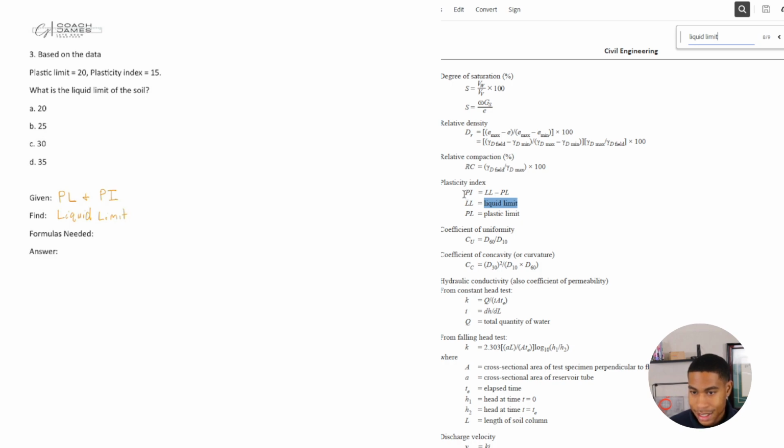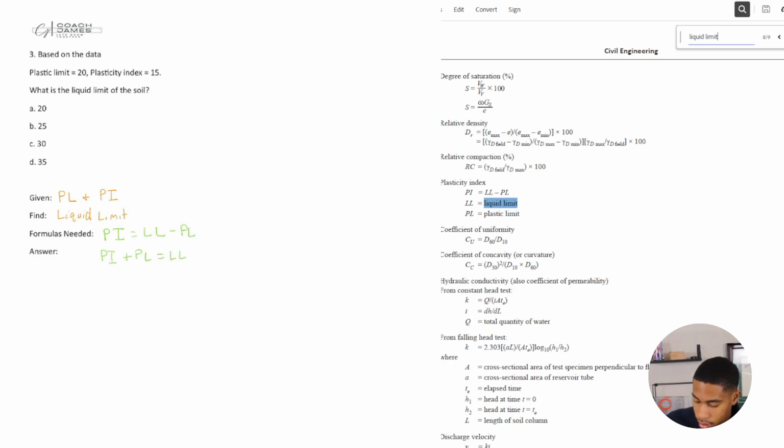So PI, your plasticity index, is equal to your liquid limit minus your plastic limit. I have PI and I have PL, right? Those are the given values, and now I can solve for the liquid limit. So my formula needed is going to be PI equals LL minus PL. So PI plus PL is equal to my liquid limit.